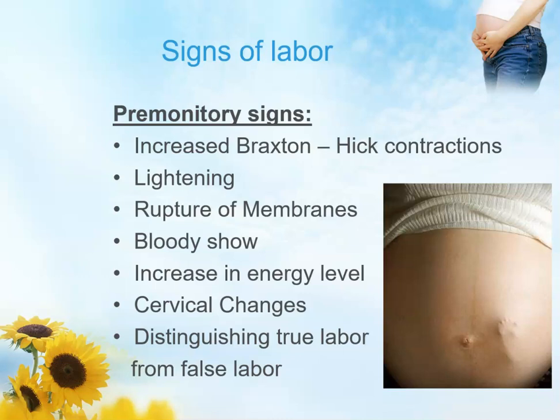Okay, cervical changes. Cervical changes include that softening of that cervix. You know, when I talk about cervixes with my students, I'll say if the cervix is green, it's not ready. So just like a piece of fruit, if it's green, it's not ripe, it's not ready. The doctor may go in and do a thorough exam at the end.